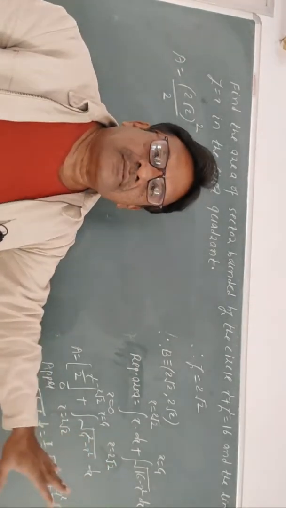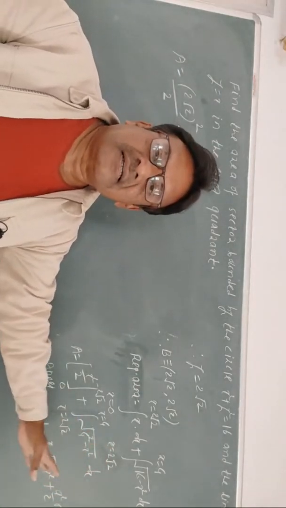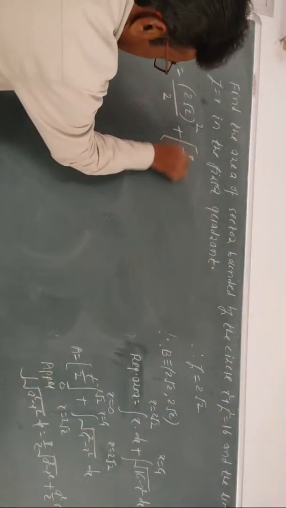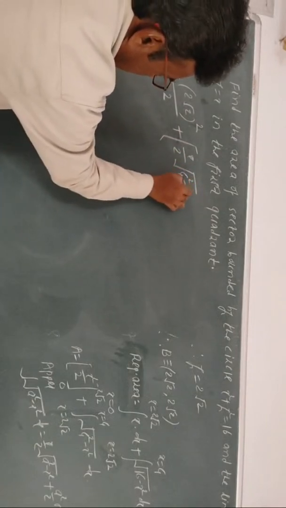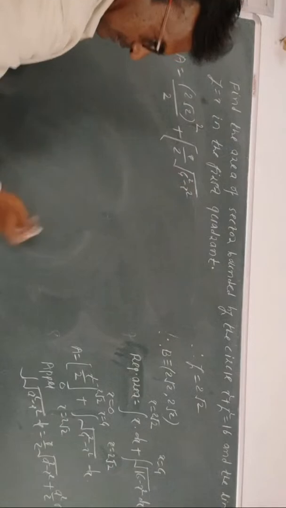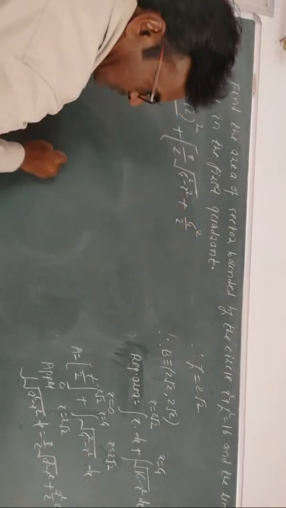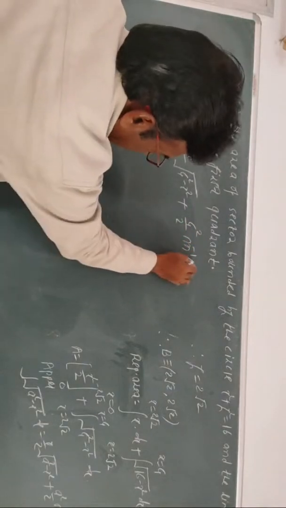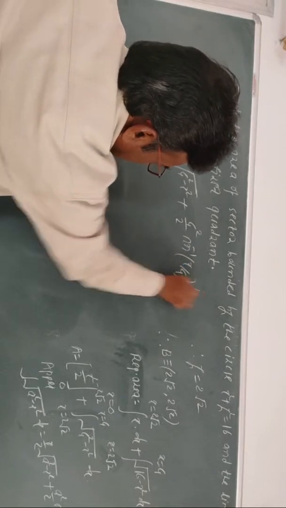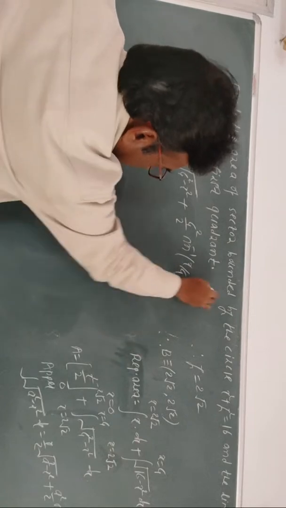Wherever there is a, you have to write 4. After writing your answer on the right side, it will be complete. So we write x by 2 as it is, under root 4 square minus x square, then plus 4 square by 2 sin inverse x by 4, within the limit 2 root 2 to the upper limit 4.